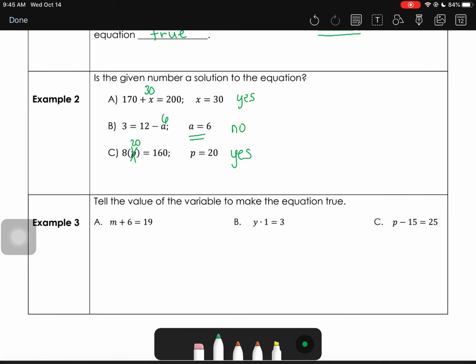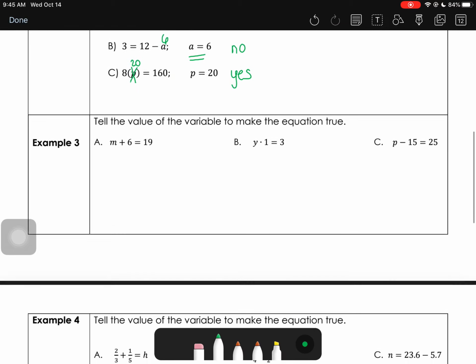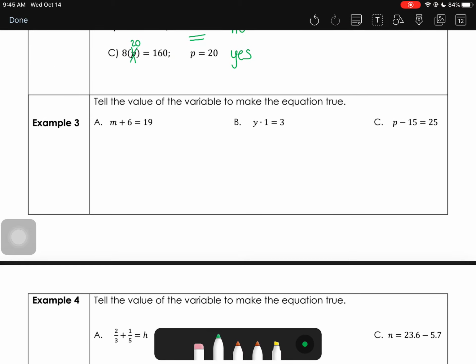Tell the value of the variable to make the equation true. What number plus 6 equals 19? So we can do mental math. 13 plus 6 equals 19. Or I could actually do the opposite of what this says and take 19 minus 6, then I would know it would be 13.